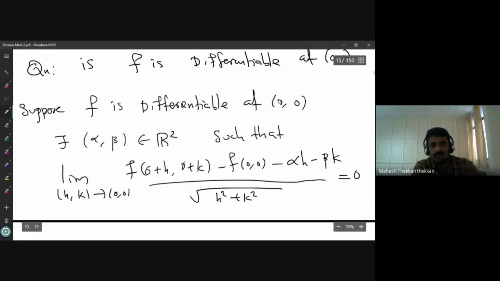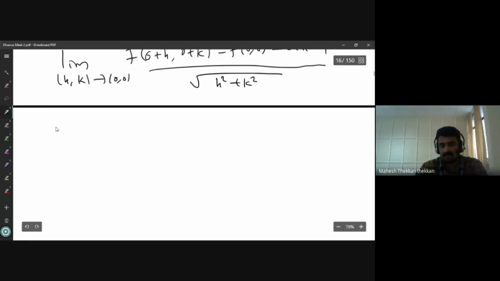So if f is differentiable at 0, 0, then there exist some alpha beta in R2 satisfying this condition. What is that alpha? Alpha is nothing but the partial derivative fx at 0, 0, and beta is nothing but fy at 0, 0.